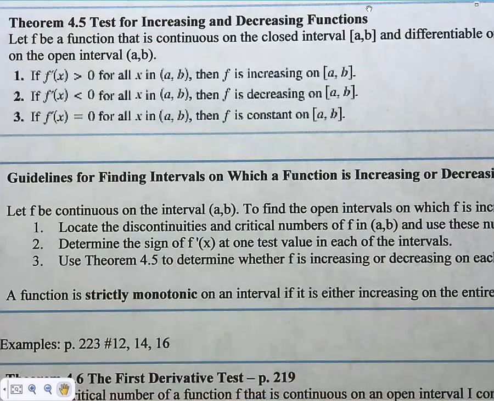Let them divide your number line up into intervals, and then just use a test point in each interval to determine the sign of the derivative. Wherever the derivative is positive, it's increasing. Wherever the derivative is negative, the function's decreasing. Wherever the derivative is 0, the function's constant. So let's look at a few of those.